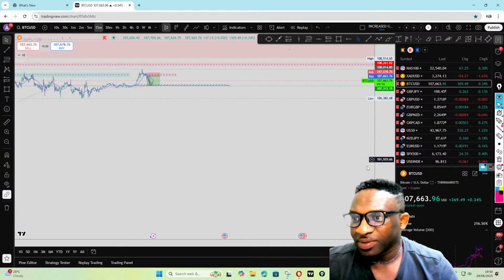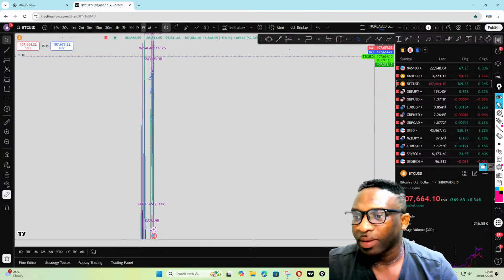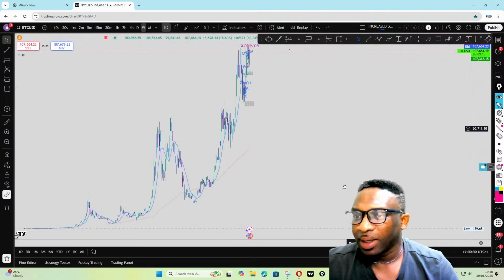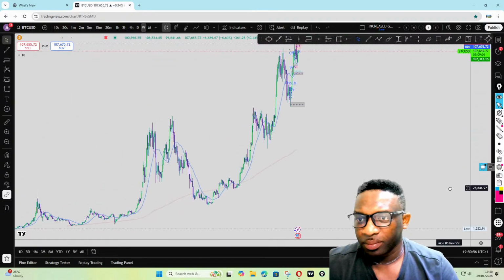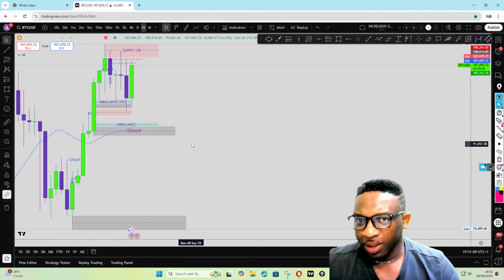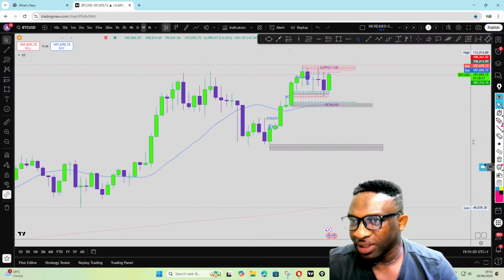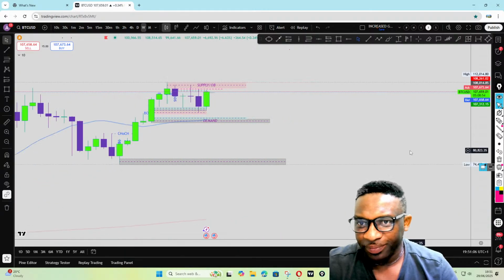Since I already have some markings here, let's go to the weekly and see what is happening. On the weekly we can see a bullish engulfing candle playing out.